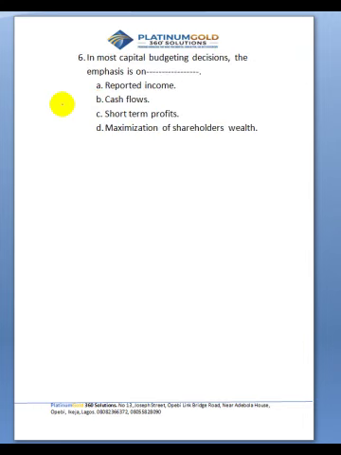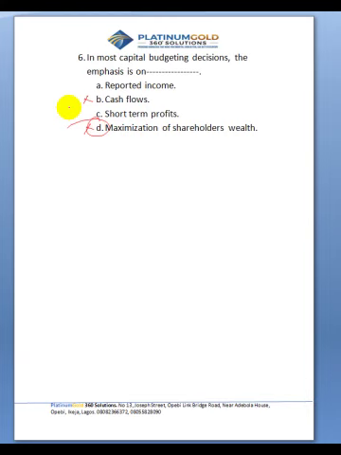In most capital budgeting decisions, the emphasis is on A, reported income? No. B, cash flows. C, short-term profit. D, maximization of shareholders' wealth. I'm more with D than with B, because capital budgeting always involves cash flow, but the emphasis is on maximization of wealth.